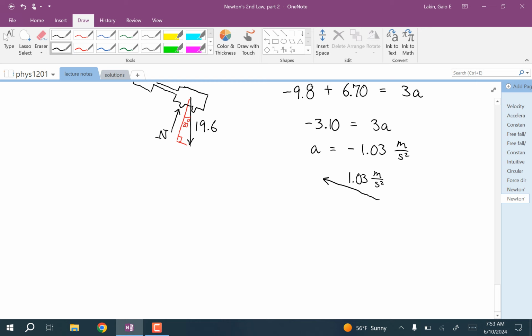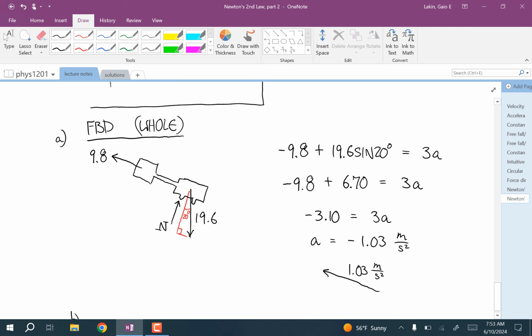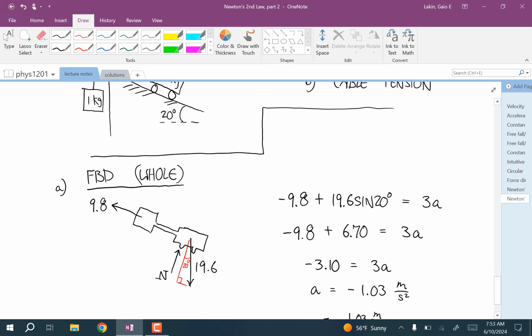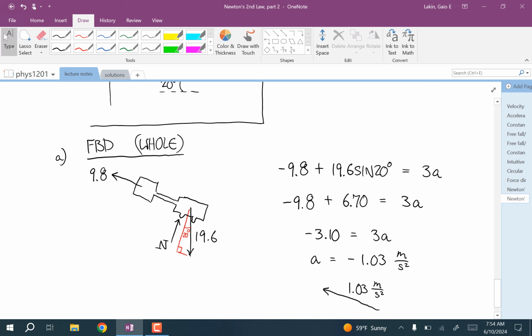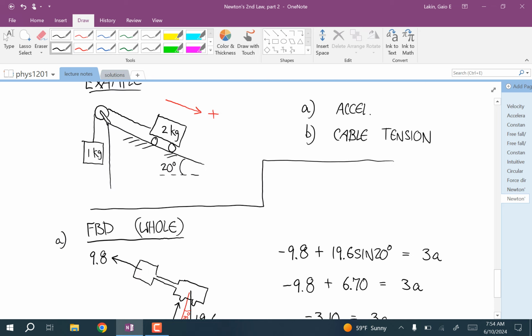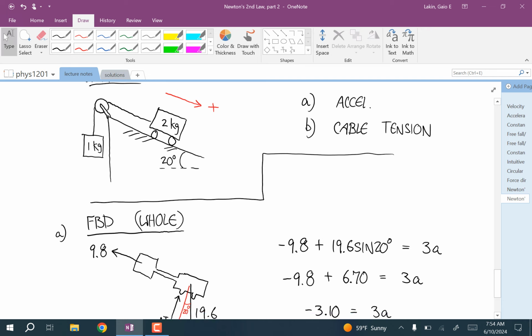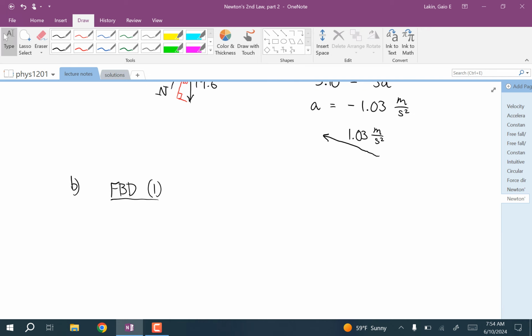To calculate the cable tension, you can isolate either one of these two masses. I guess I'm going to do the simpler one, the 1 kilogram. And if you do the mass that you've rotated, you just need to keep it rotated. So I'm going to do this as a mass like that.